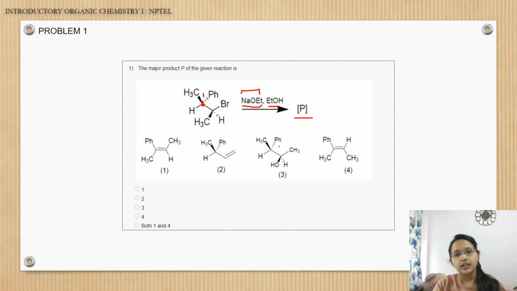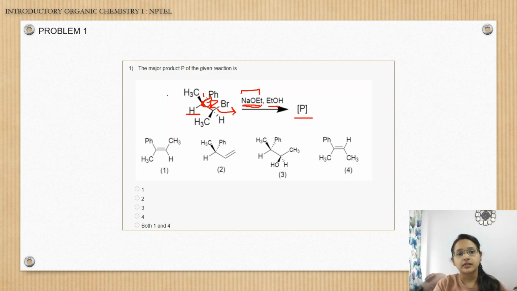So here the base will abstract the proton present on carbon number 1 to give a carbanion, which then gets delocalized, and the Br knocks out. This is a standard example of an E2 elimination.